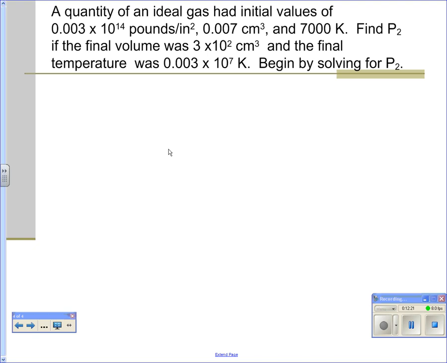Do what? It is. All right, will someone go write the formula that we're going to be using?